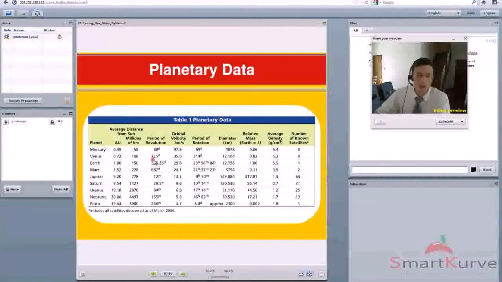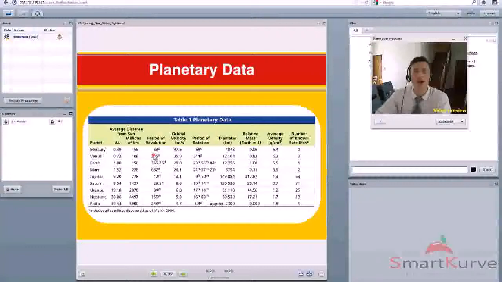As we move out from the sun, you can notice the period of revolution for some of these planets becomes very long indeed. Mars has a period of revolution of 687 days, so that's very close to 2 Earth years. Notice Jupiter has a period of revolution of 12 Earth years.